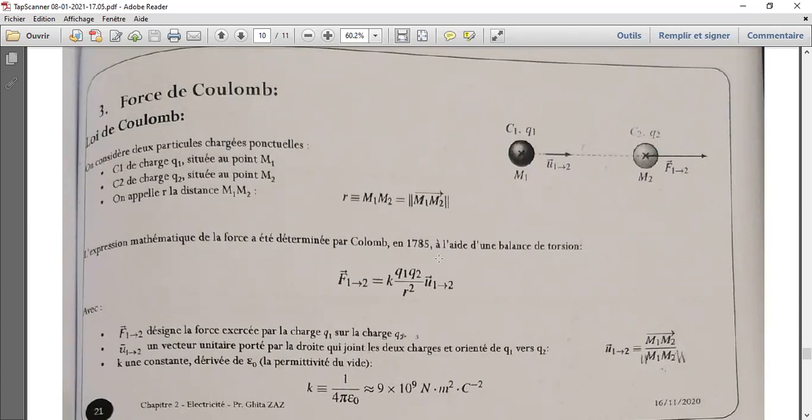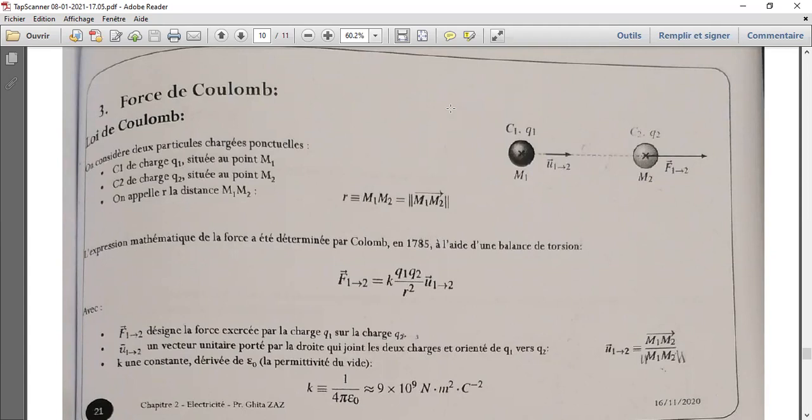You can use the same formula, just replacing Q1 and Q2. Most of the time, your questions give you charge 1 and charge 2, and also the distance between particle C1 and particle C2.